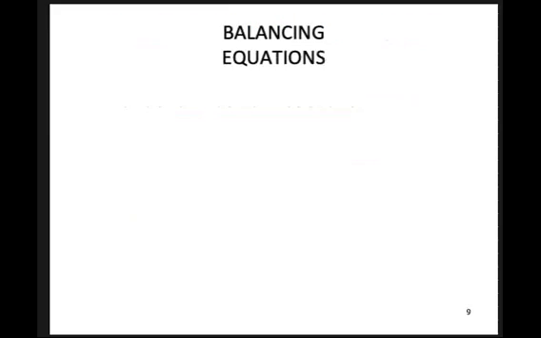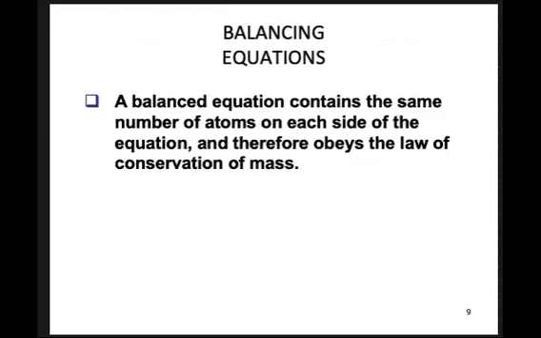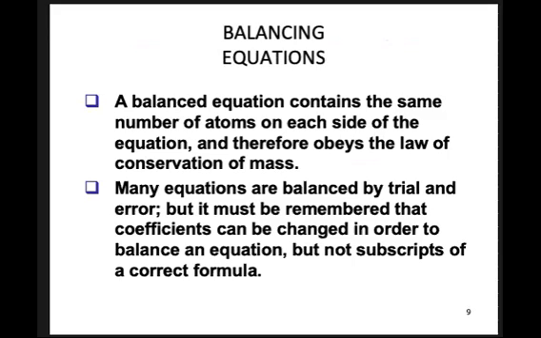Now, you've learned also in balancing equations that it conforms with the law of conservation of mass, that the mass of the reactant should be equal to the mass of the product. The same number of atoms on each side of the equation obeys the law of conservation of mass. Many equations are balanced by trial and error, like a puzzle.